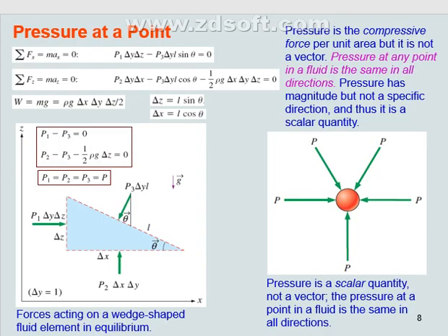Now, the concept of pressure in a liquid. When we have a water drop inside the water body, we will have pressure from all sides, as you see in the figure.